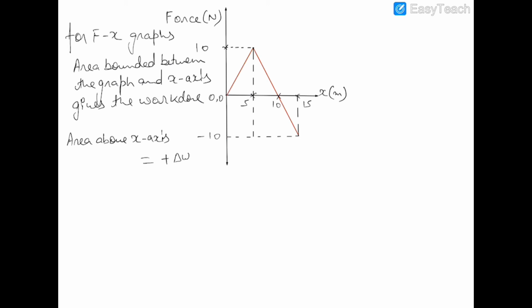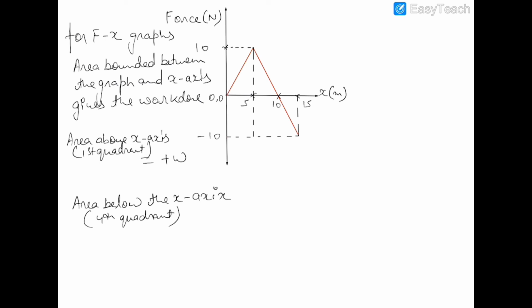positive delta W, change in work done, or I can say positive work done, and area below the x-axis, obviously in the fourth quadrant, and this is in the first quadrant, denotes negative work done.